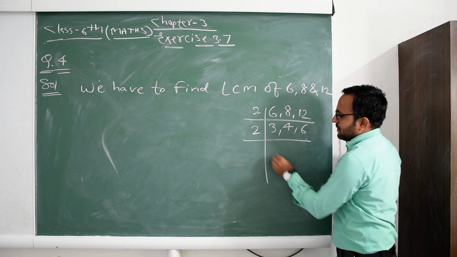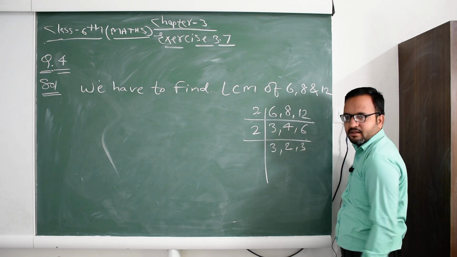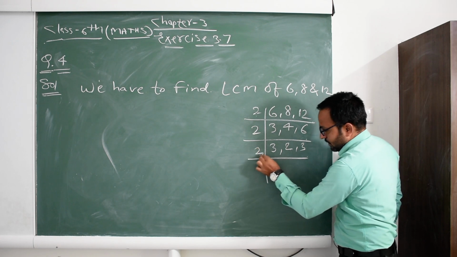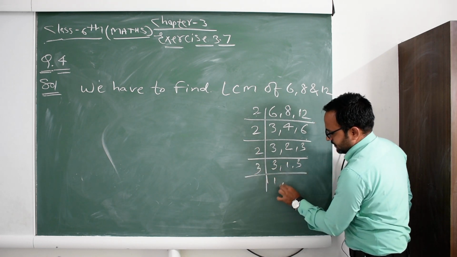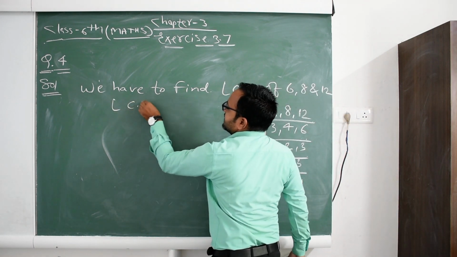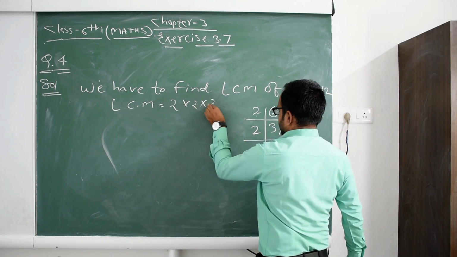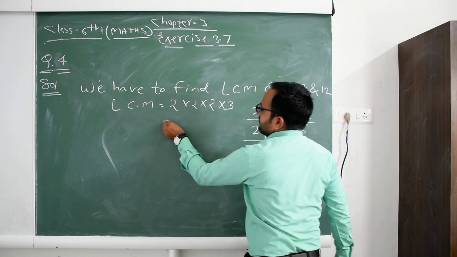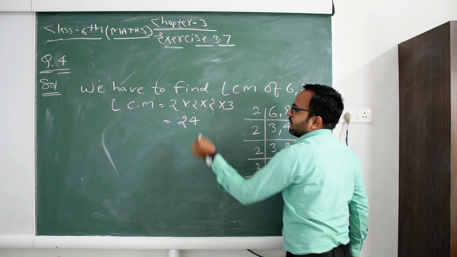Again by 2: 2 twos are 4, 3 twos are 6. So LCM equals 2 into 2 into 2 into 3. 2 into 2 is 4, 4 into 2 is 8, 8 into 3 is 24.